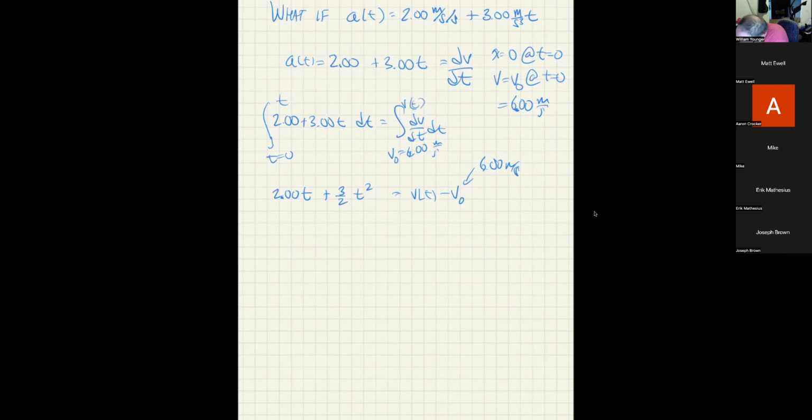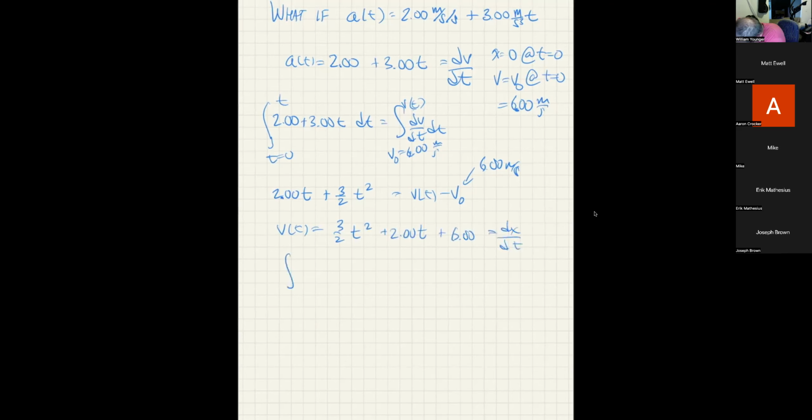Okay, so now you got V of t is equal to 3 halves t squared plus 2.00 t plus, actually, I'm going to go ahead and put the 6 in there. And that's also equal to dx/dt.